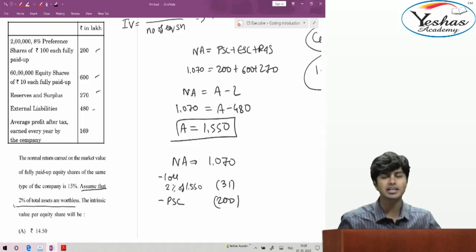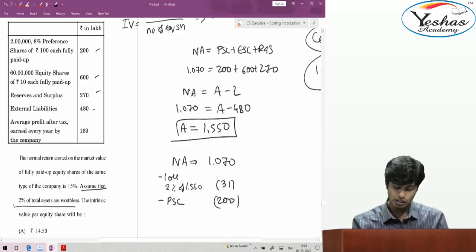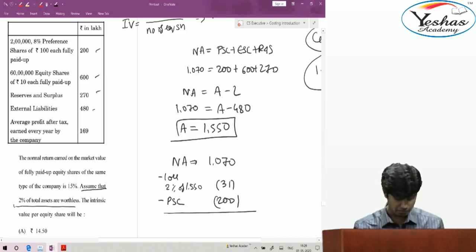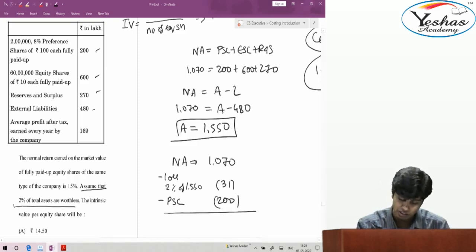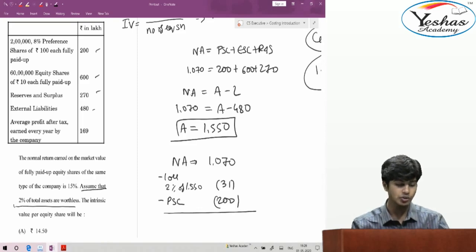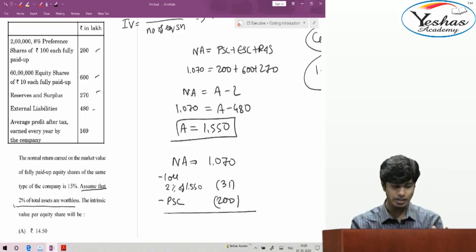If that condition is not given, here I wouldn't have taken 200. I would have taken 600 and 270 and closed the issue. Done? So how much will it become? 1070 minus 31 minus 200. That gives me 839 as the net assets available to equity shareholders. If I divide this by the number of equity shares, I'll get my intrinsic value. How many equity shares do we have? 60 lakh equity shares. So I'll divide it by, this is also in lakhs, right?